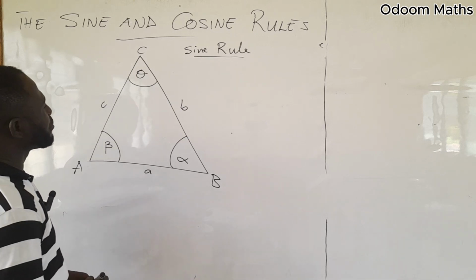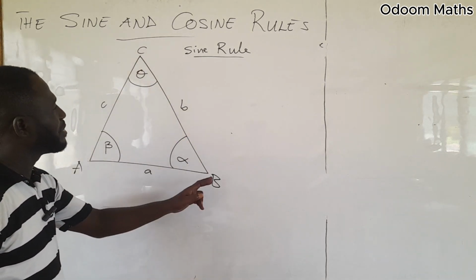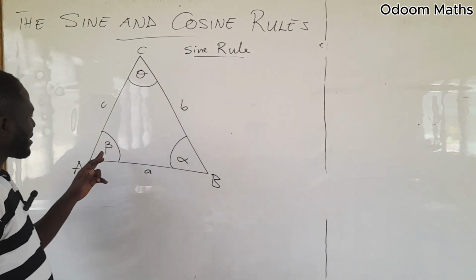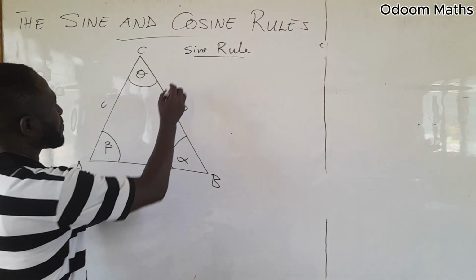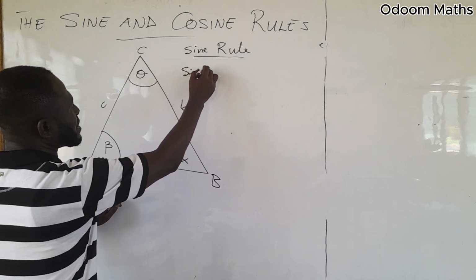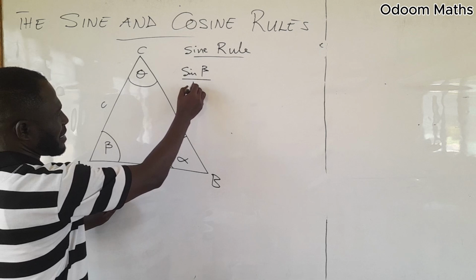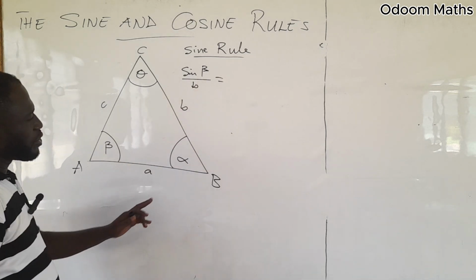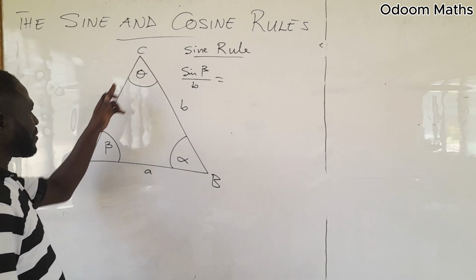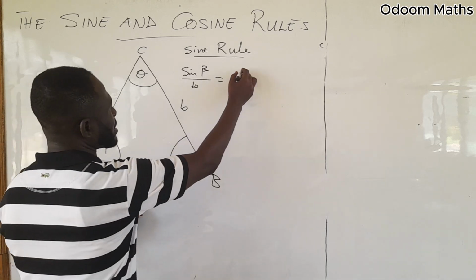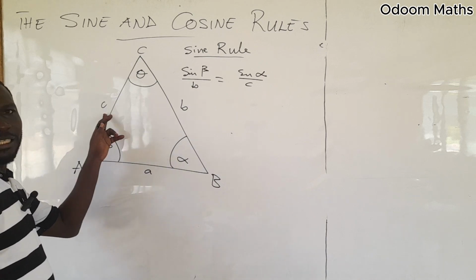So for the sine rule, angle beta faces side BC, which is B. So sine of this angle beta over the side B should be equal to sine of this angle alpha over the side AC, which is C. So sine alpha over C, because alpha faces C.